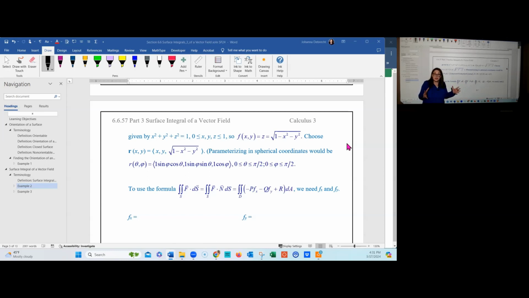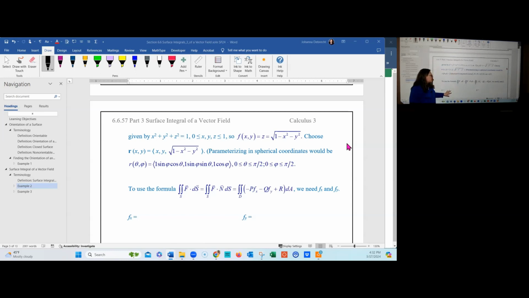In this case, rho is constant because I'm on the surface of a sphere, the part of the sphere in octant 1. However, theta has to rotate from 0 to pi over 2 to stay in this quadrant, and phi has to rotate from 0 here down into the xy plane where it is pi over 2. You could use either parameterization, whichever one seems the most suitable to you. In my case, I chose to stick with the straightforward parameterization.